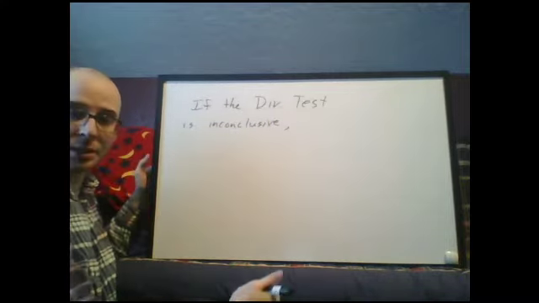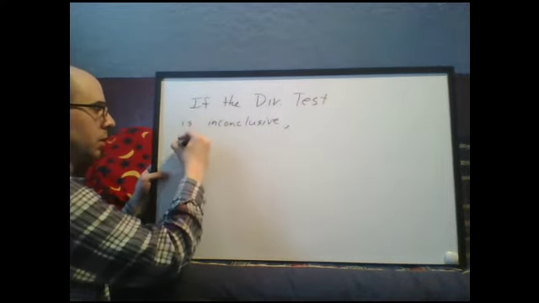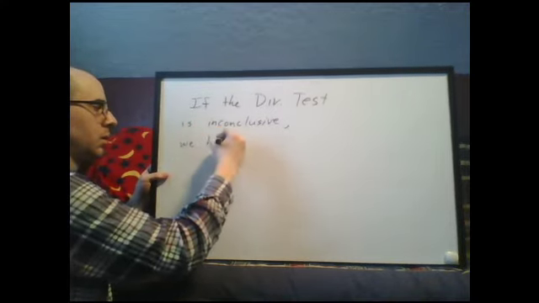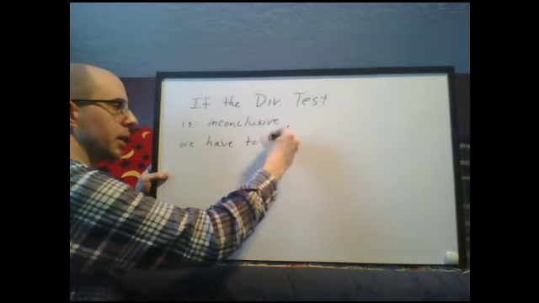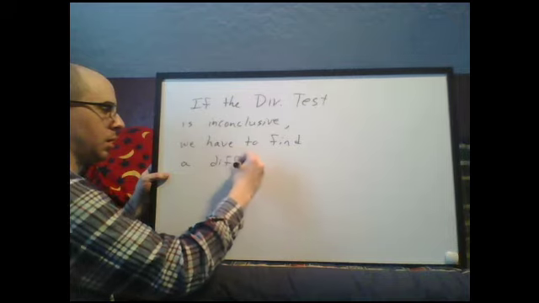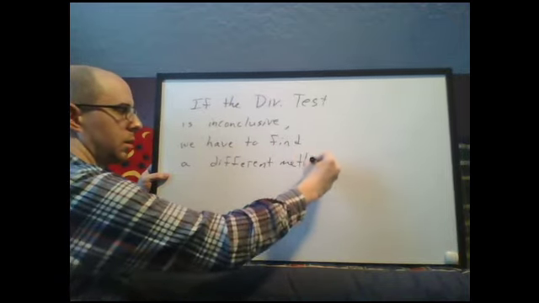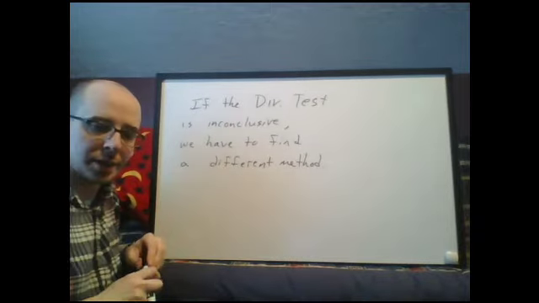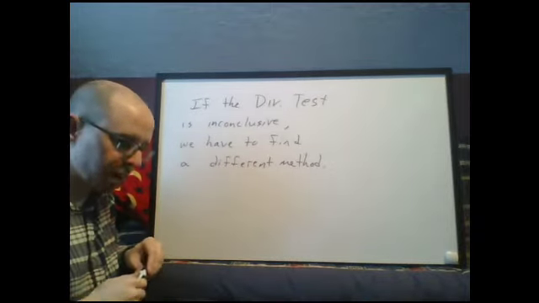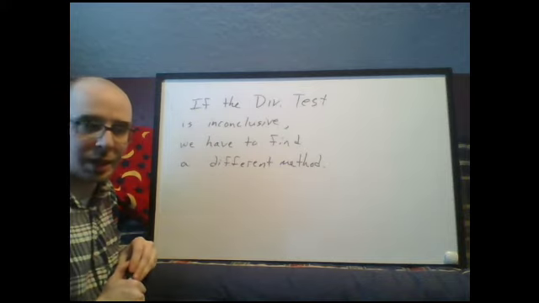There's the series is divergent or the test is inconclusive. If it's inconclusive, we have to find a different method to further investigate the series. And these different methods are going to be the topics of the next several sections of chapter 11.